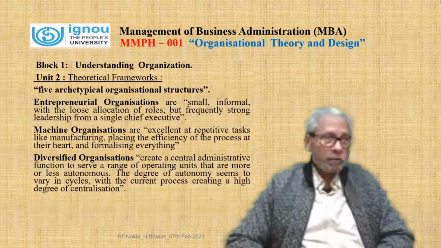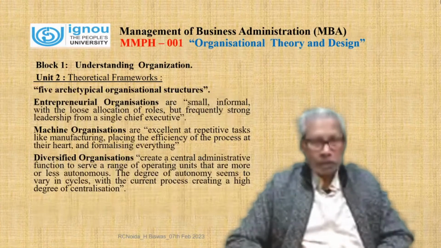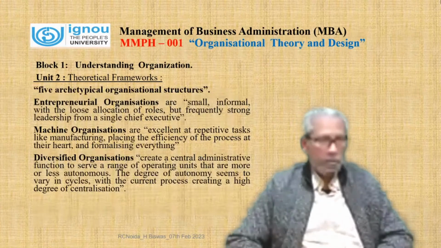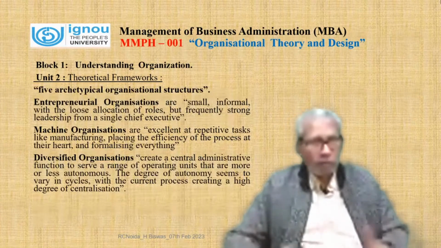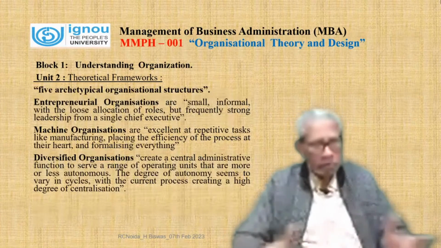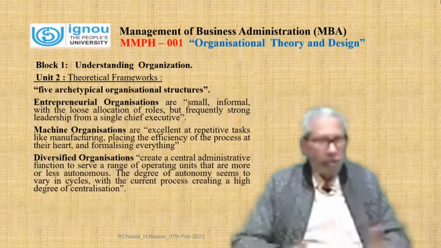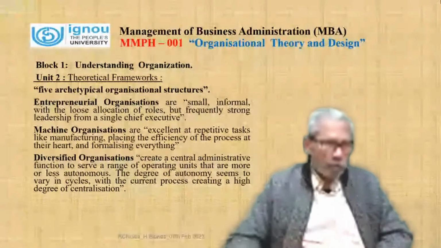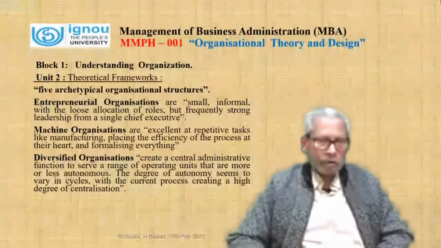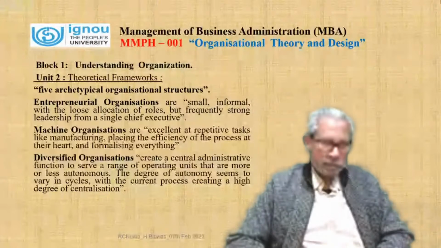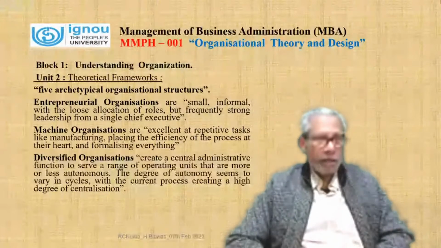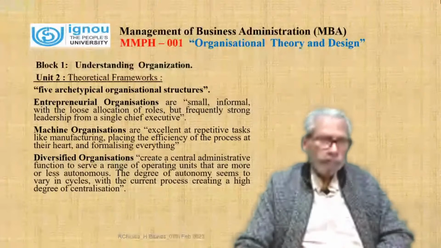Diversified organizations means they create a central administrative function to serve a range of operating units. There are a lot of units, diversified and more or less autonomous. The degree of autonomy seems to vary in cycles, with the current process creating a high degree of centralization.